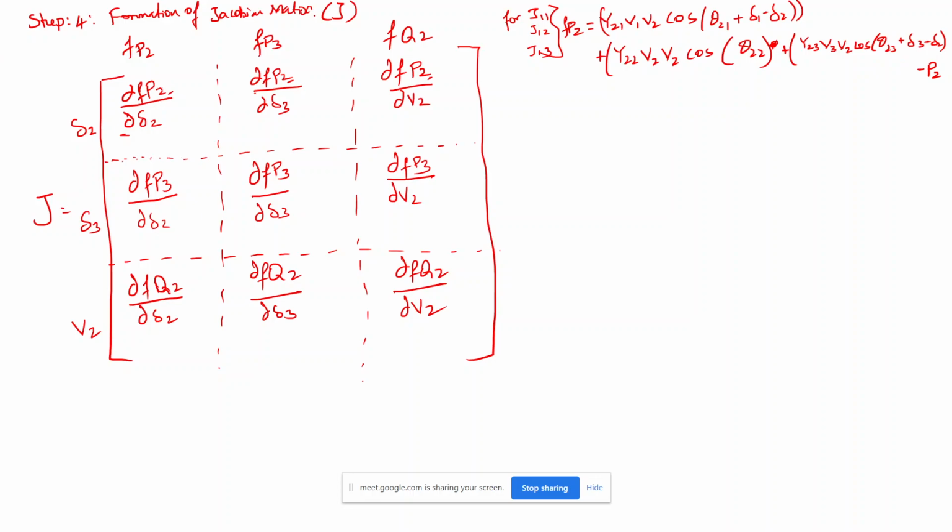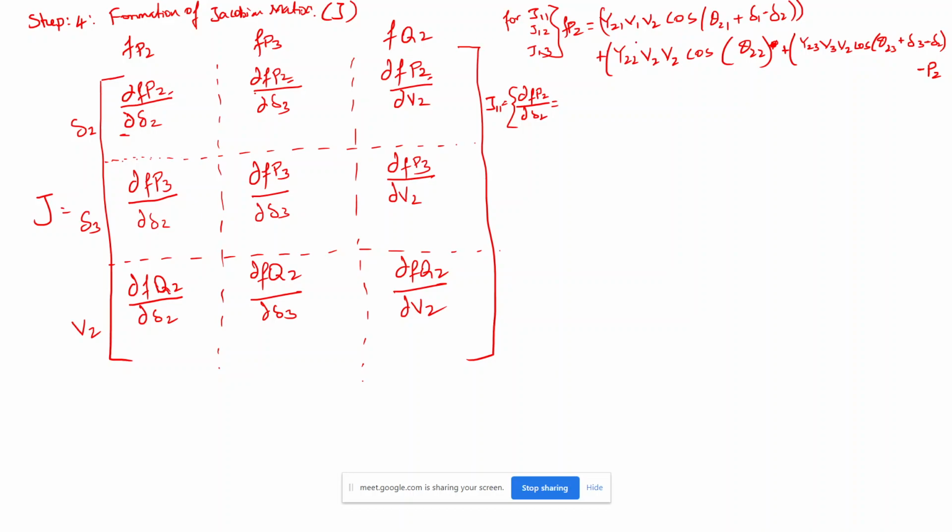For this P2 equation, J11 is nothing but dou FP2 divided by dou delta 2. Here we need to find out which part has del 2. Del 2 belongs to this cos, so the cos will give a minus sign, and already one minus is there, so minus to minus is plus.